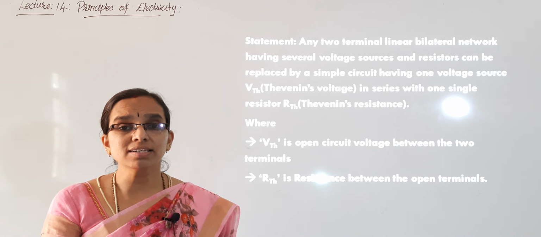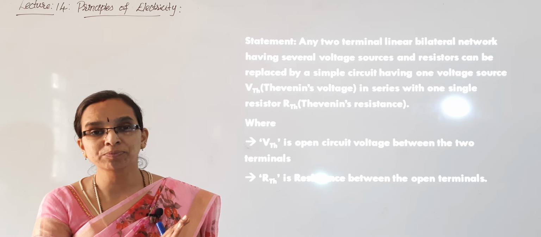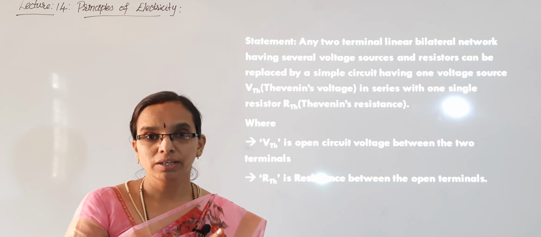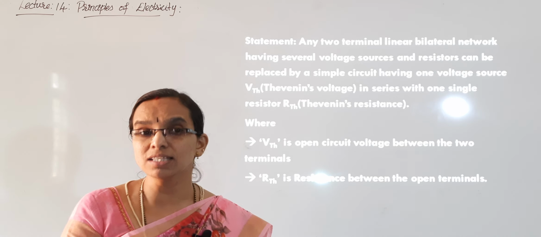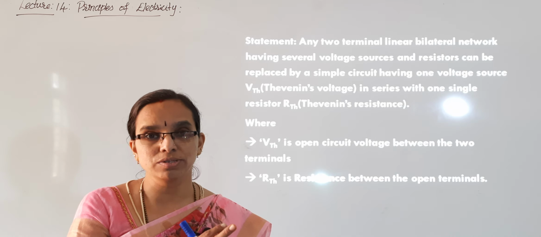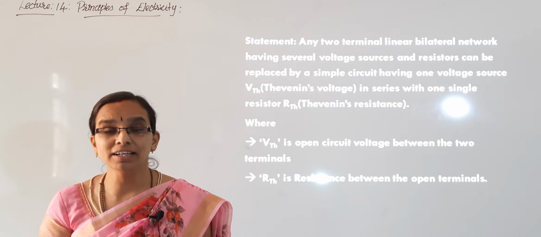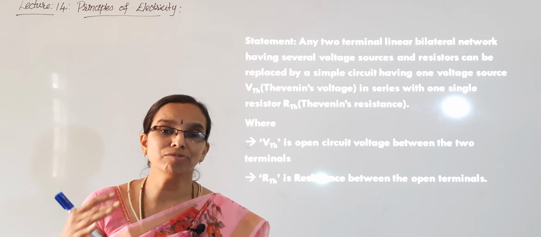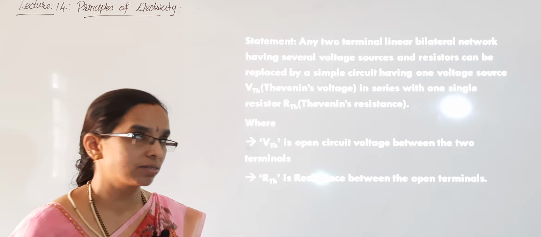One source and several resistances are there in the complex network, that will be reduced to VTH in series with the RTH network. Because in your syllabus they have told us to solve only DC circuits, with Thevenin's theorem having only one voltage source. Several voltage sources, several resistors connected and AC circuits, all that you are going to study in further studies of electronics or electrical circuits.